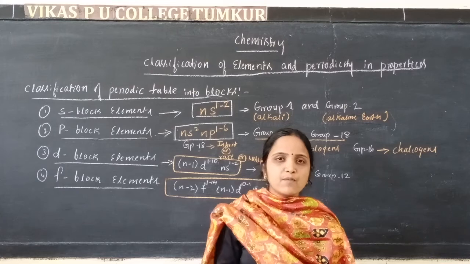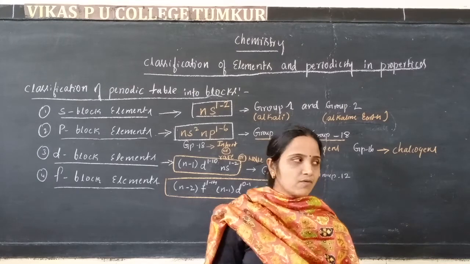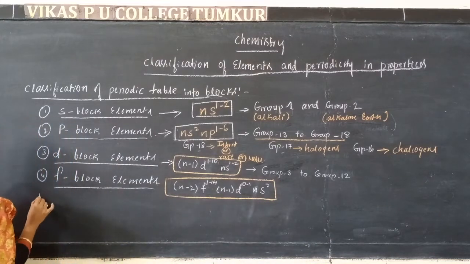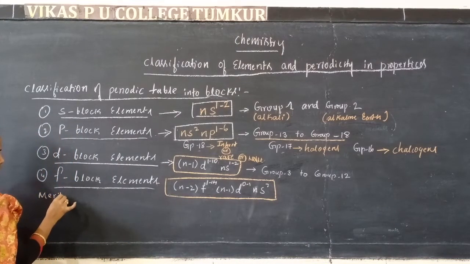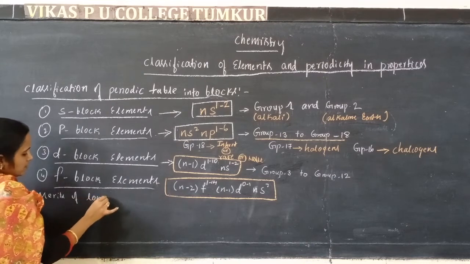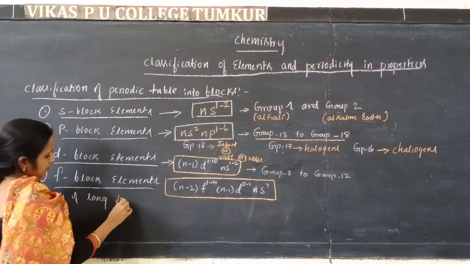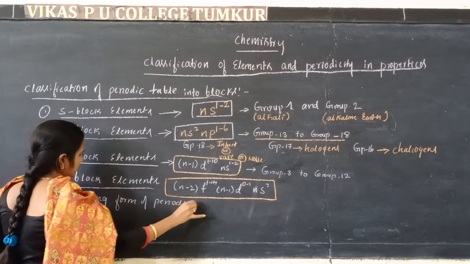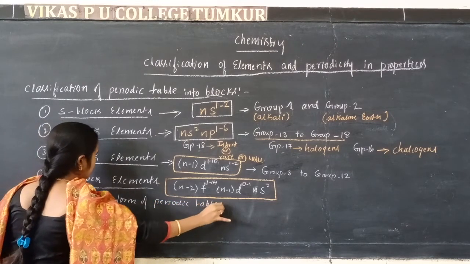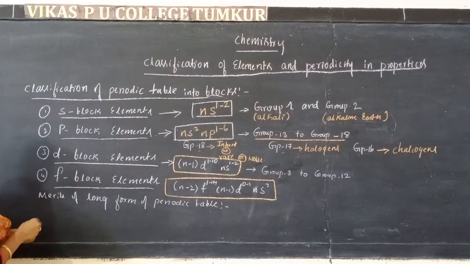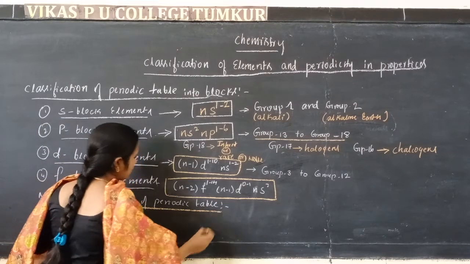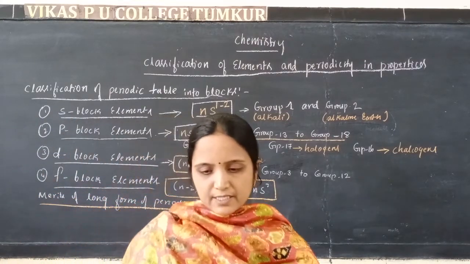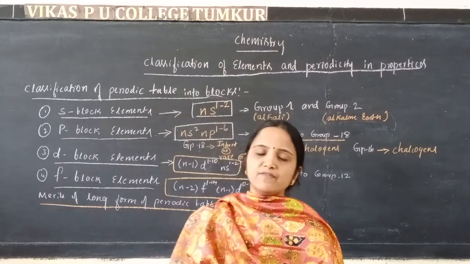Next we will discuss the merits of the long form of the periodic table. Let us see what advantages the long form of the periodic table has. The first one is that it is easy to remember the position of the elements.